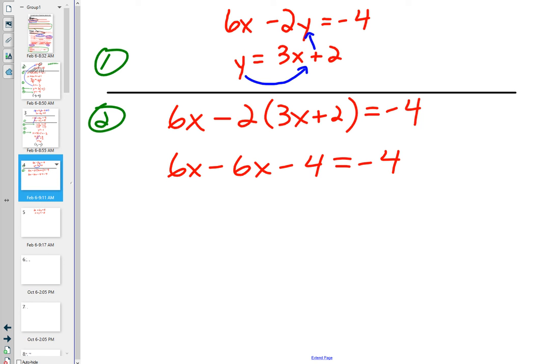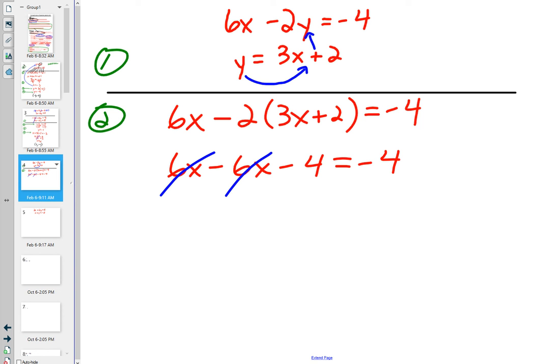Uh-oh! Problem. I'm trying to solve for x, but what just happened? Yeah. I'm trying to solve for x, but all the x is canceled. You should have seen something similar to this when you did one variable equations before I got here. What did your teacher tell you to do if you're trying to solve an equation and all the variables cancel?